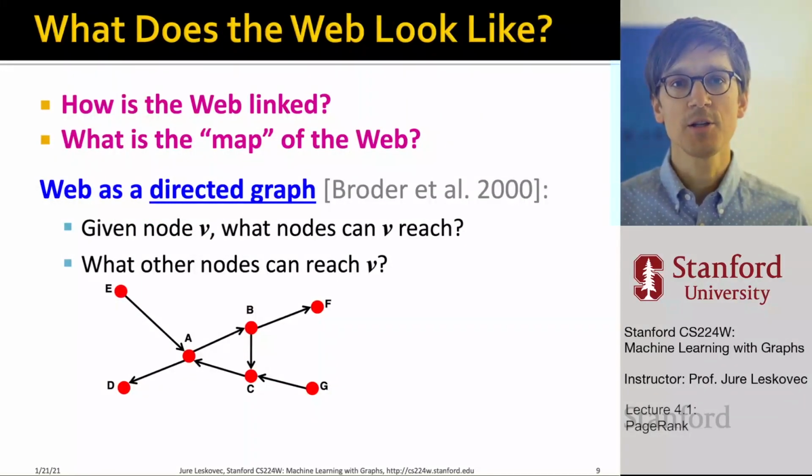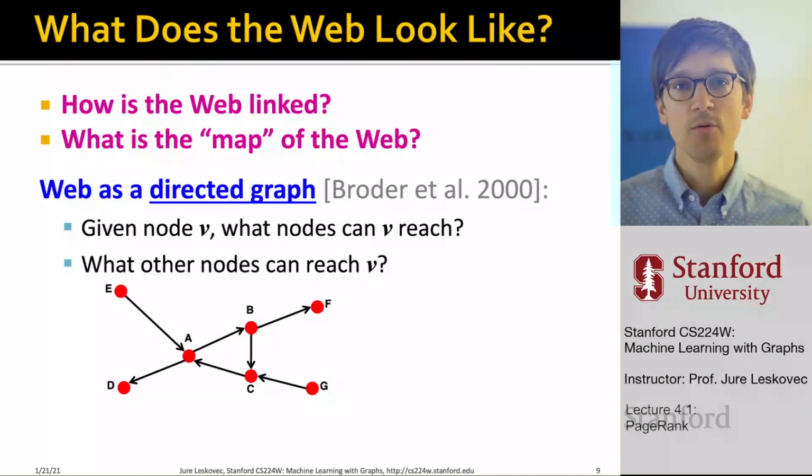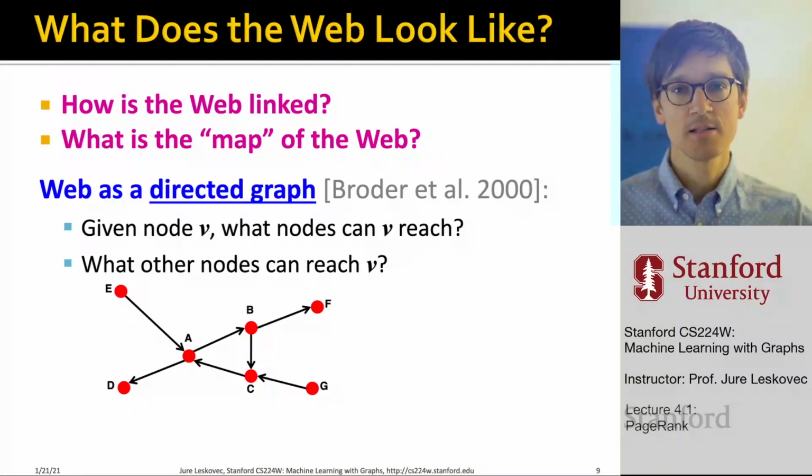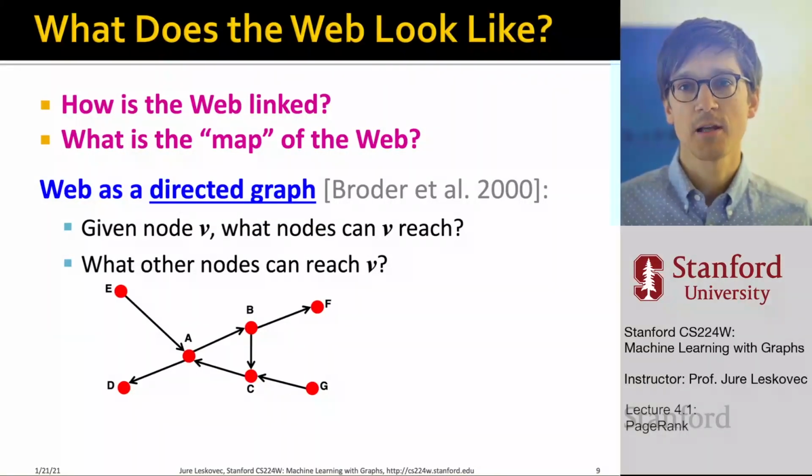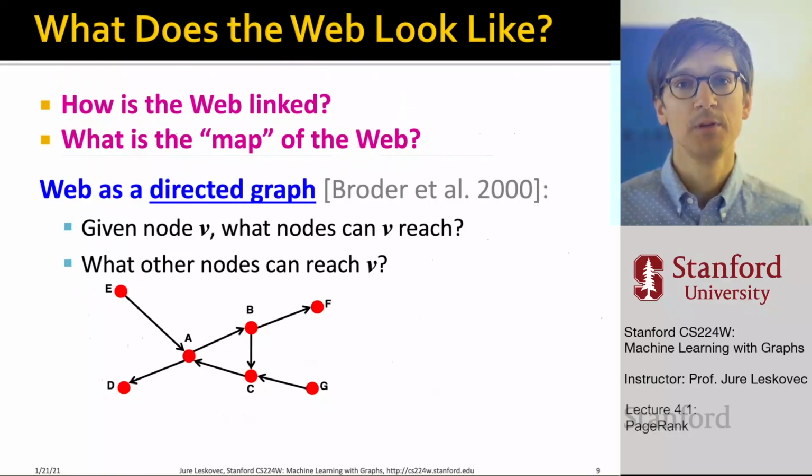So now the question is, what does the web look like? What is the map of the web, and how can we analyze and understand the web as a directed graph? Essentially we are going to represent this as a set of nodes, vertices, web pages, and a set of directed hyperlinks between them.